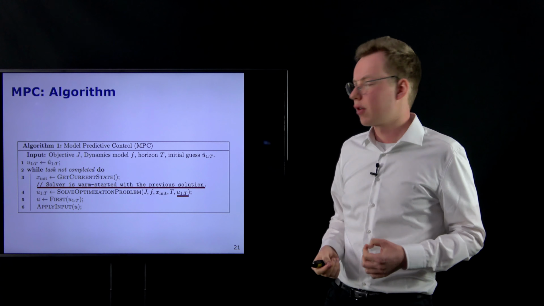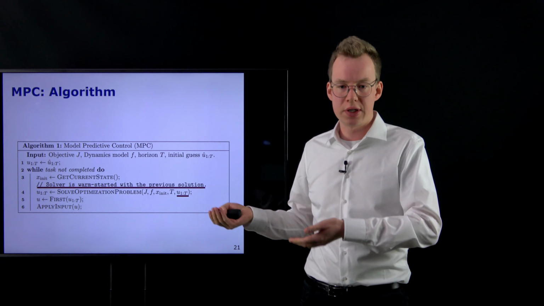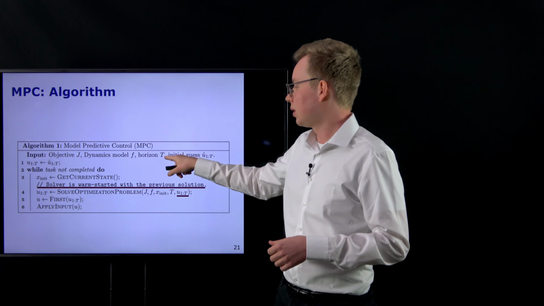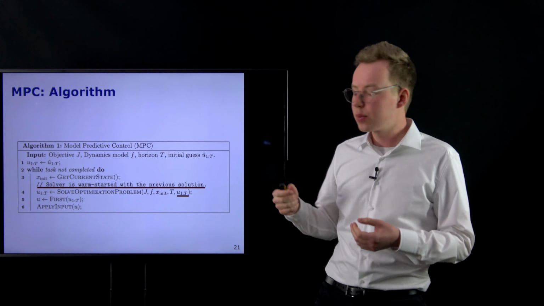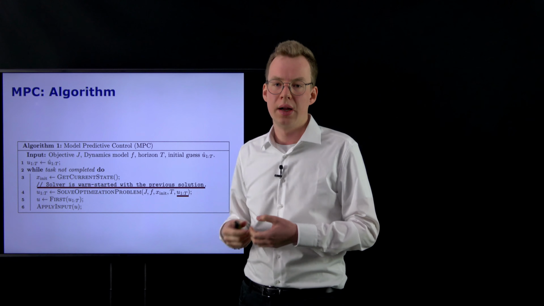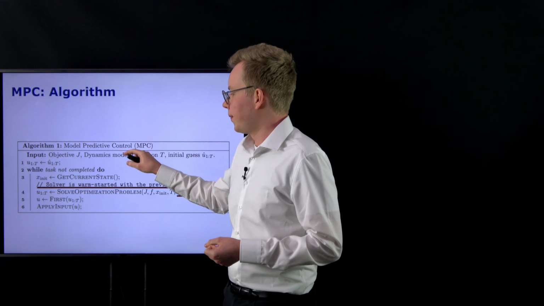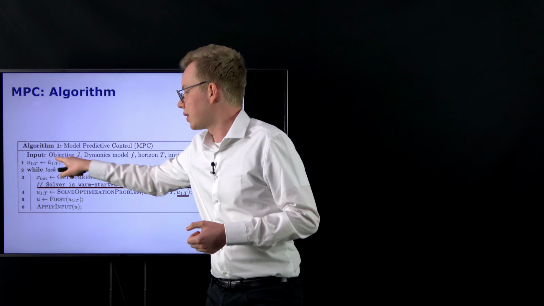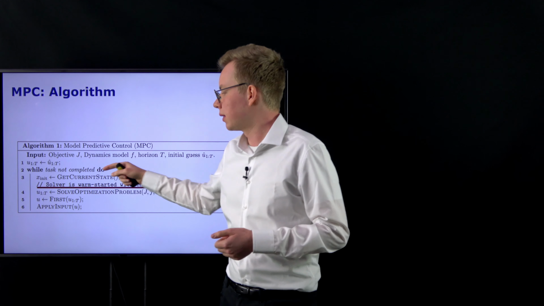Now, from an algorithmic perspective, this is the summary, and it's really just what I said. As an input, we take the objective, the dynamics model, a planning horizon, and for a local solver, we typically also need an initial guess to speed up the solve. We initialize our controls with this initial guess, and then we loop over the following sequence.